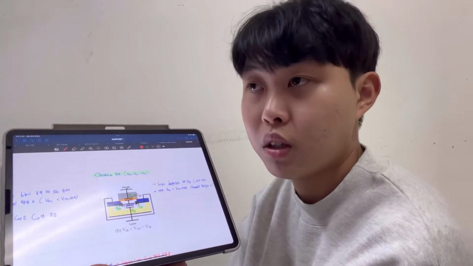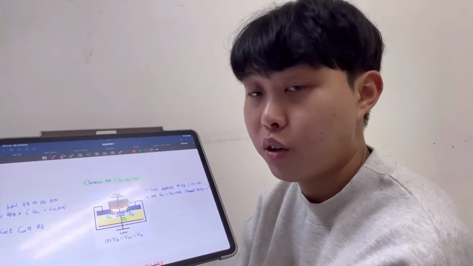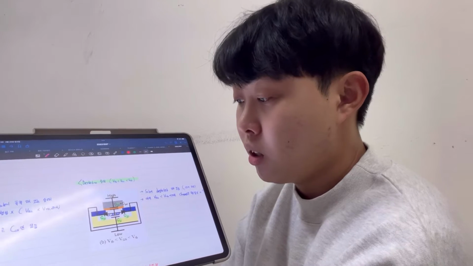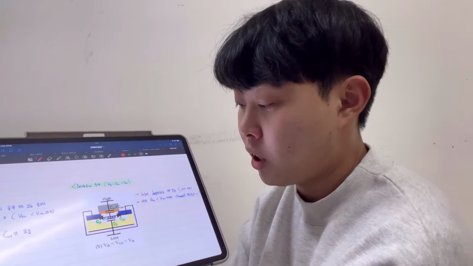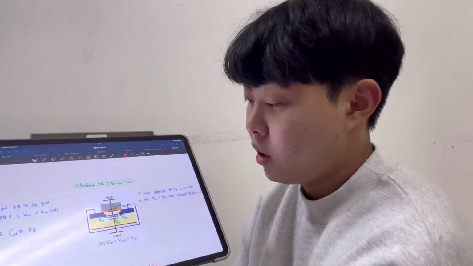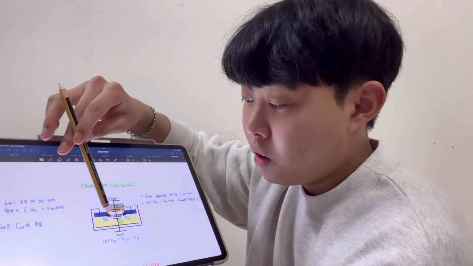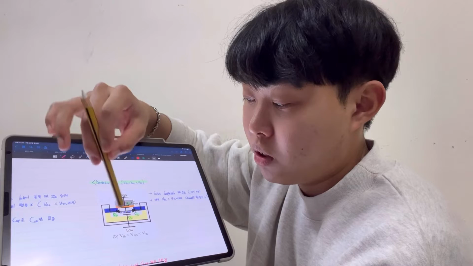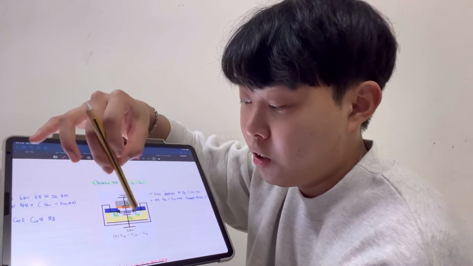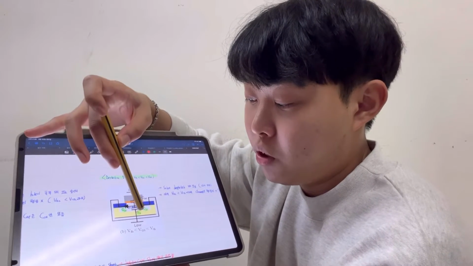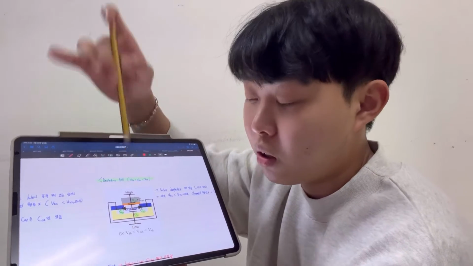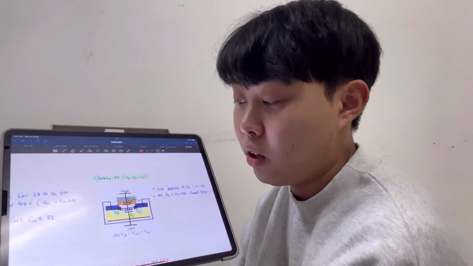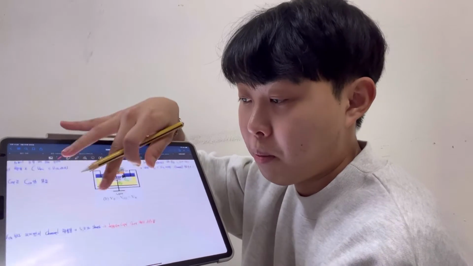Also, because it is under the threshold voltage, there shouldn't be any channel, and the electrons are depleted in the substrate. So only source and drain junction capacitances are here, and because it is in the depletion region, there must be depletion capacitance, and also there will be oxide capacitance located here.